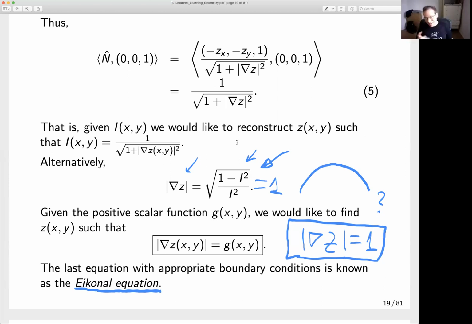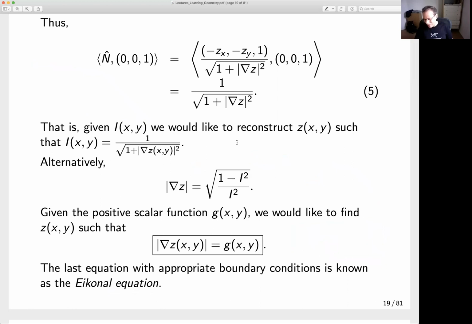Well, first of all, let me give you a very trivial example. For example, I can look at the plane, and the plane gradient is equal to 1. So if I would just look at a slope like that, this is a solution to the equation, okay? But now I also have some, we call it boundary conditions, some points at which I think that I know the distance.